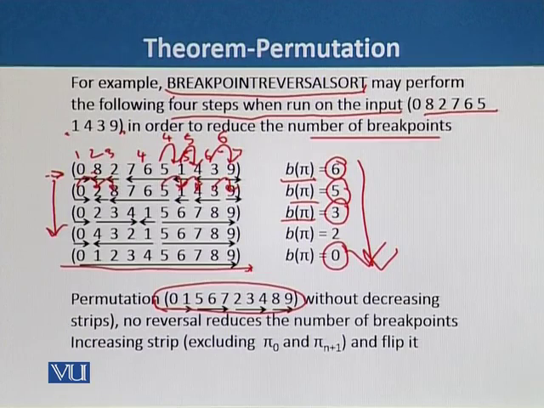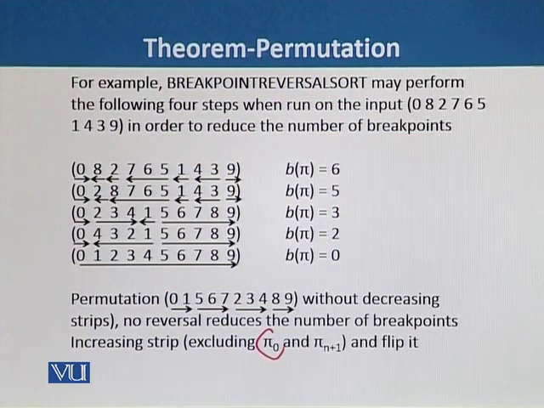So in order to overcome this, we can simply find an increasing strip. It means that we will exclude the values of pi naught and pi n plus 1.